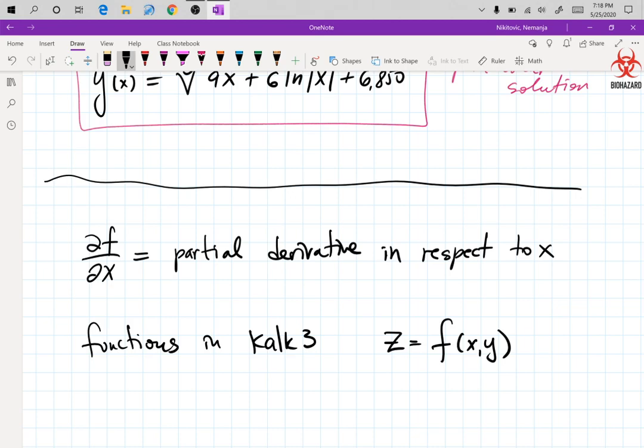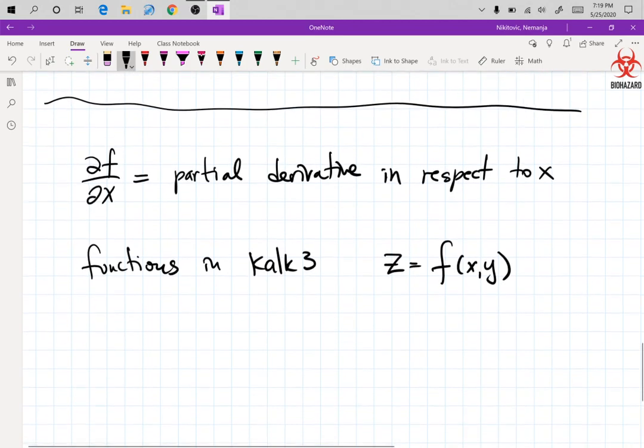If you want more than that, you will have to look at directional derivatives, where you can actually walk in any direction, not just north, south and east, west. If you want to go southeast, then you can figure out what the vector for that is, and then you take that in Calc 3.